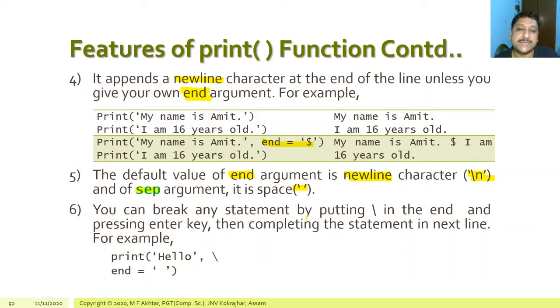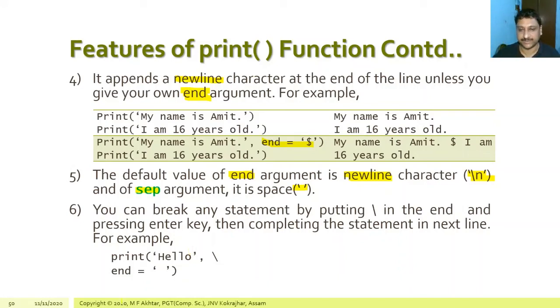You can break any statement by putting a backslash at the end and pressing the enter key, then completing the statement on the next line. Suppose you are typing a statement and it gets too long to fit in one line, then you can break the statement by giving just a backslash at the end and continue the same statement on the next line.